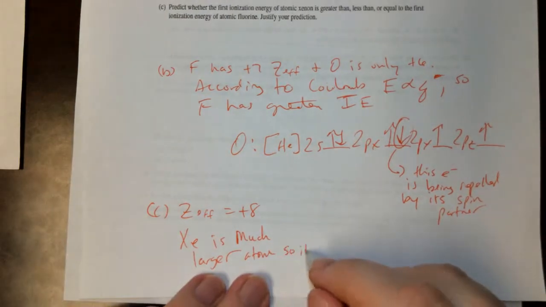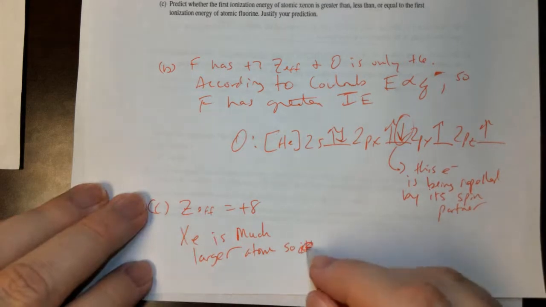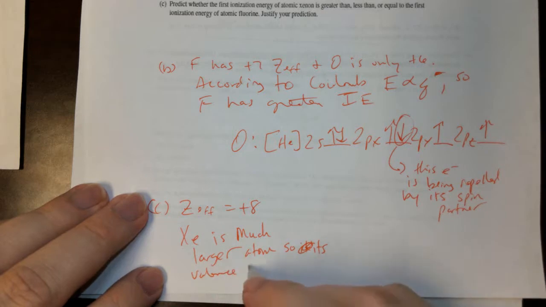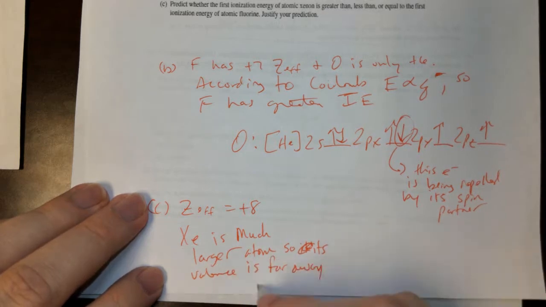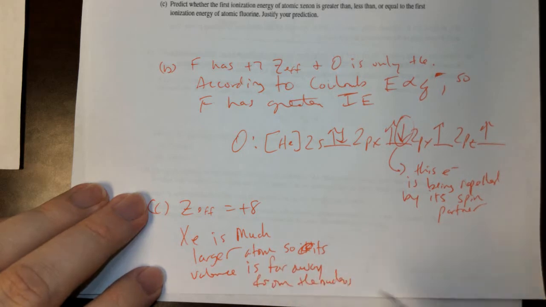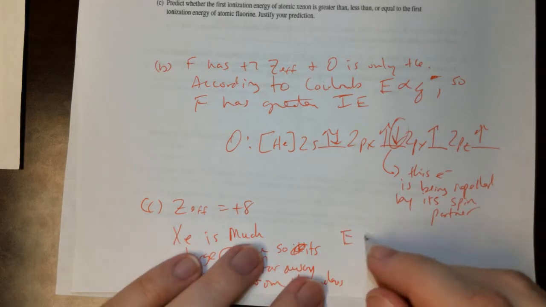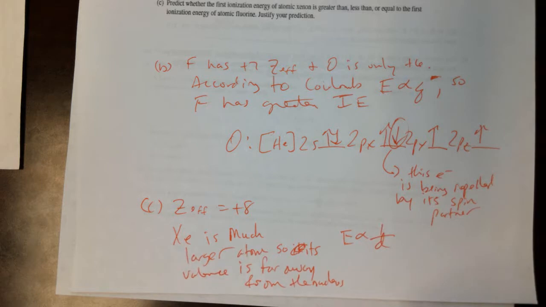So its valence is far away from the nucleus. So we know from Coulomb's law that the energy is going to be inversely proportional to the distance.